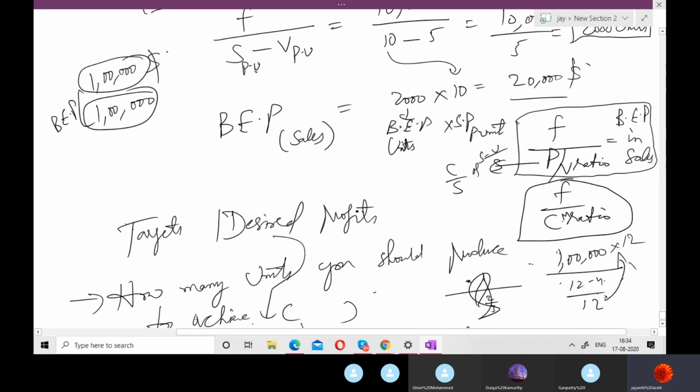How much is that? 8. So 1 lakh into 12 by 8. Just cancel it out: 4 threes are 12, 4 twos are 8. So it will be 1.5. 1.5 into 1 lakh is 1,50,000. Okay. Got it. Now let's move forward.